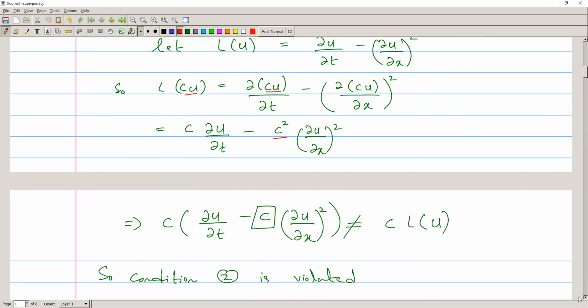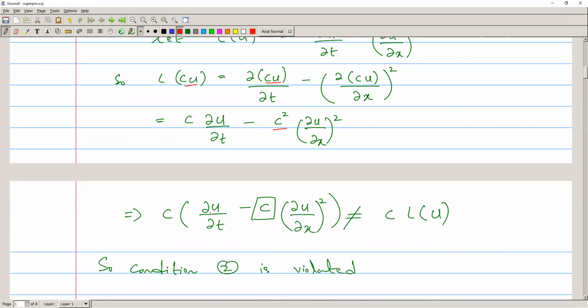And now if we take c common from both, what we will be left with inside is ∂u/∂t − c (∂u/∂x)², which is not equal to c Lu because of this c, right? So we say that this is not equal to c times Lu, so this is not linear.